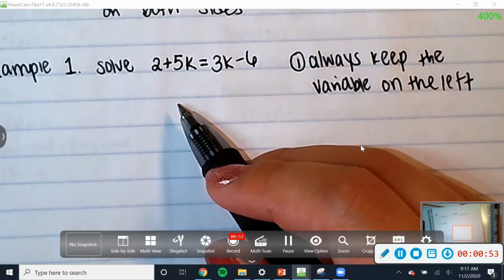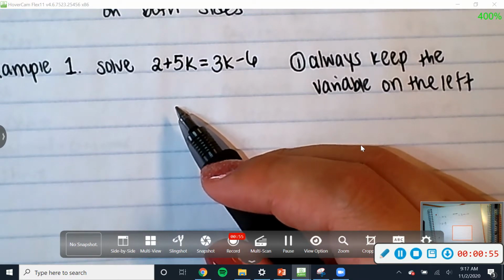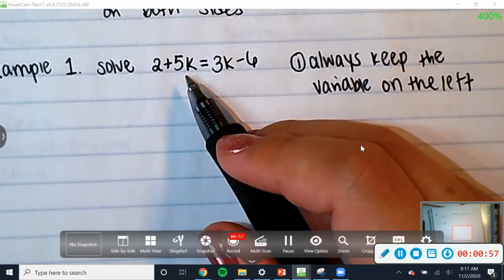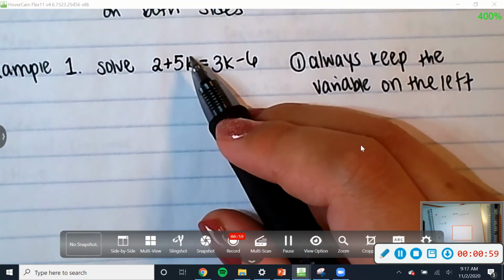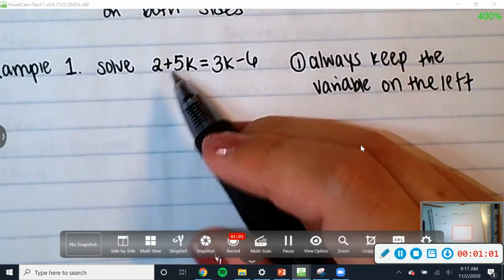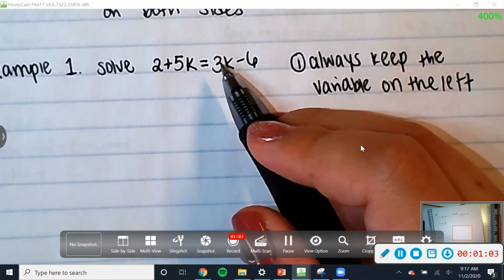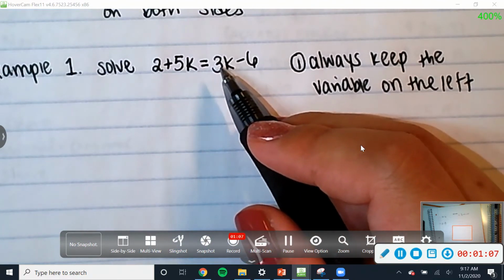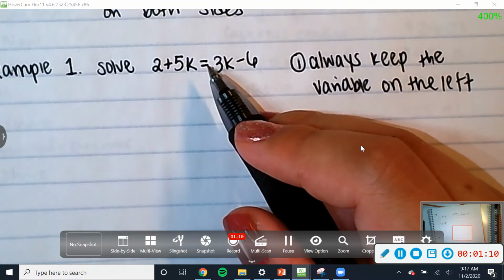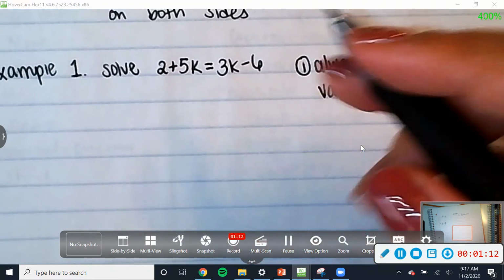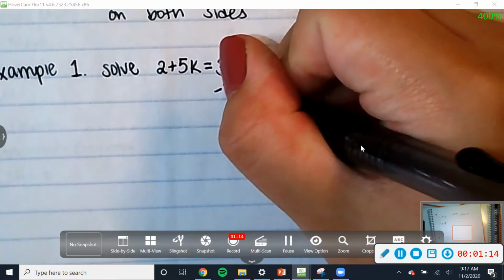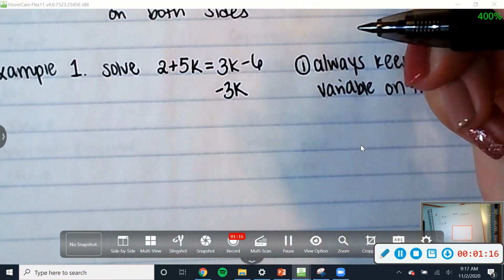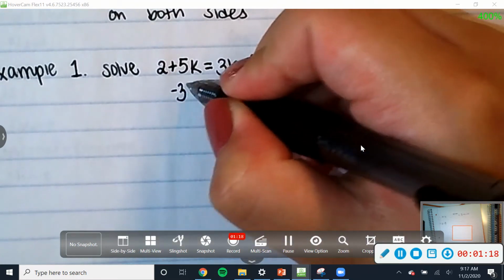That way when we're solving it in class, everybody's on the same page. So if I want to make sure that I keep my variable terms, so k, on the left side only, that means that the 3k that's here, I need to get rid of that. I need to do the opposite operation in order to get rid of it. So in this case, I would subtract 3k on both sides.